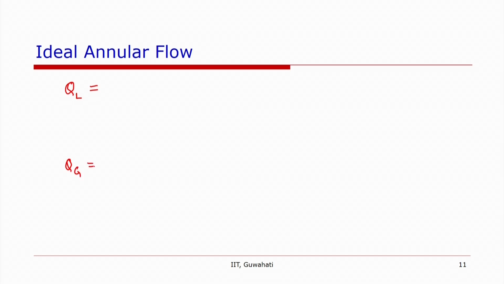So QL will be integrating VL 2 pi r dr from Ri to R, and Qg will be equal to Vg 2 pi r dr integrated from 0 to Ri.